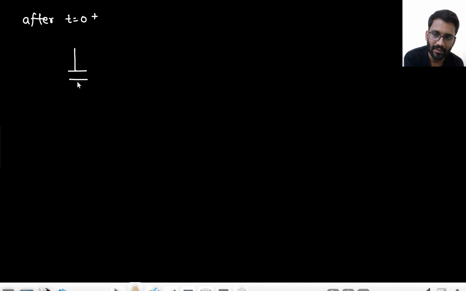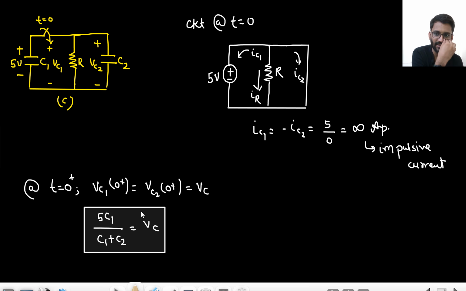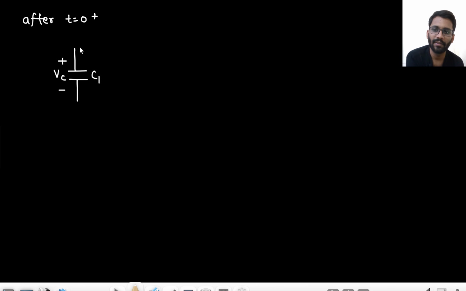This is capacitor C1, this is charged to Vc voltage, right? At t equals to 0 plus, this is charged to Vc voltage.